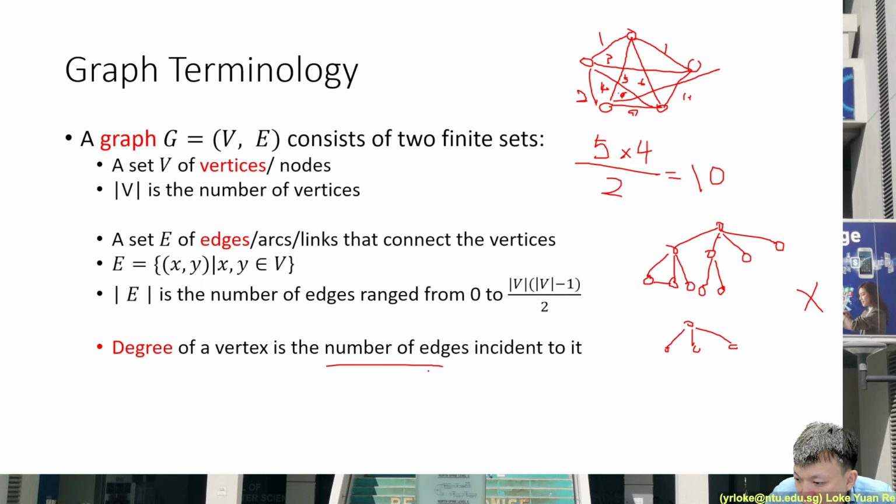Then, can a cyclic graph be said to have an Euler circuit? Can I say yes? I think I can say yes.